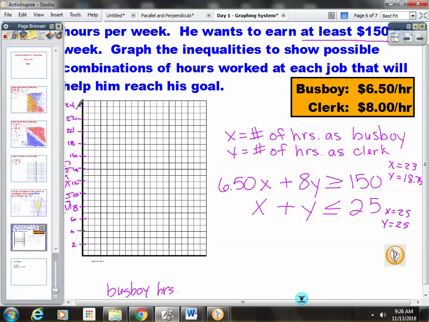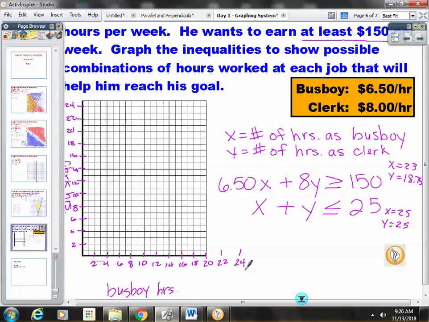On the x-axis, I think I'm going to go by ones, because I need to get to 23. I think I have 21 blocks, I'm okay. I'm labeling every other box. So I'm going to do 22. We'll just approximate where 23 is going to be.